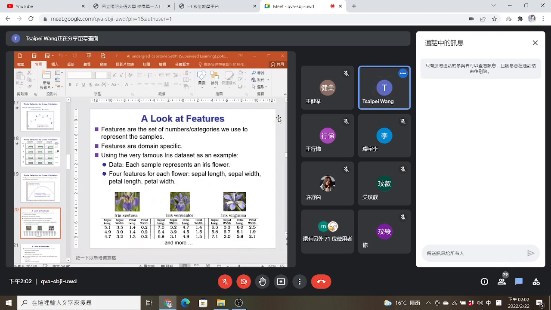Features are very domain specific. Each different domain of problems has its useful features. I'm showing here the very famous iris data set with some features.